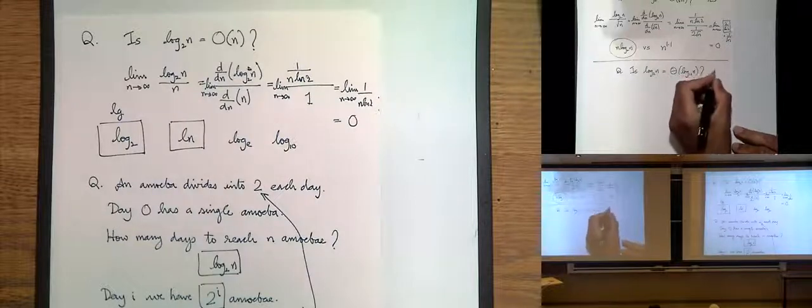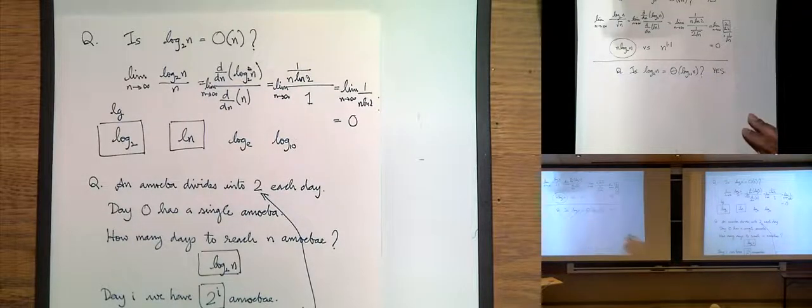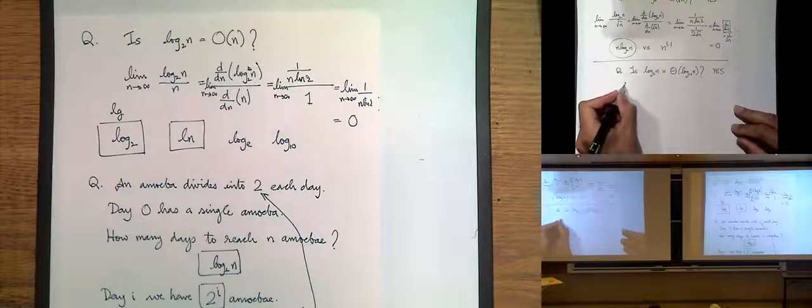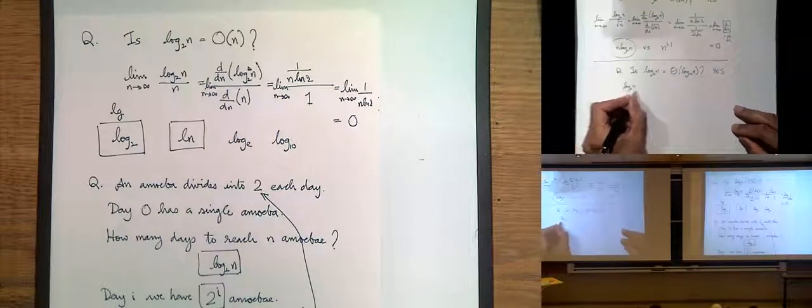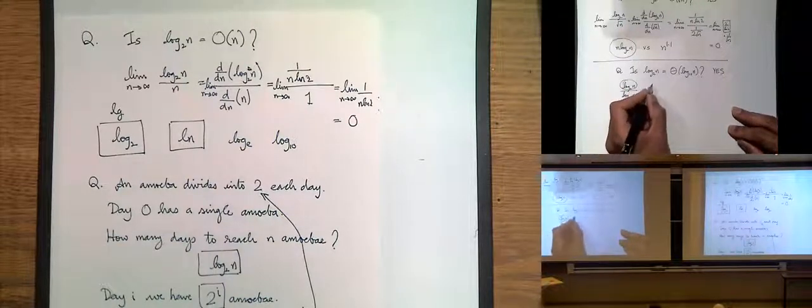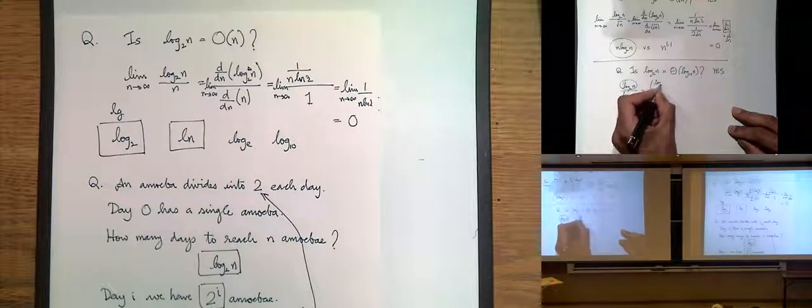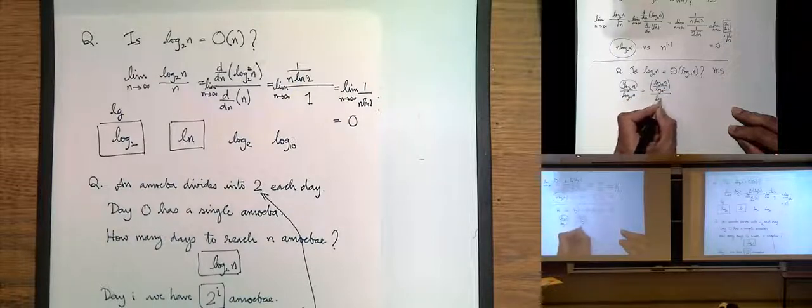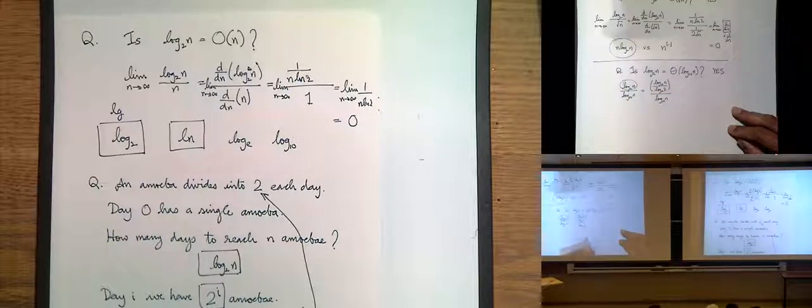Okay, again, that's right. The answer is yes, because log base 2 n divided by log base 10 n. So let me do a change of base on log base 2 n. If I do a change of base, I get log 10 n divided by log 10 base 2, divided by log 10 of n.